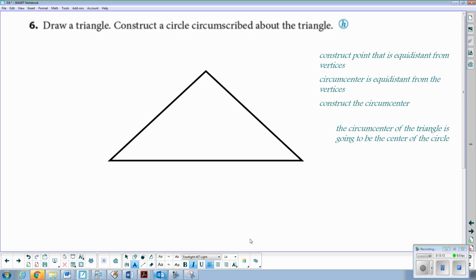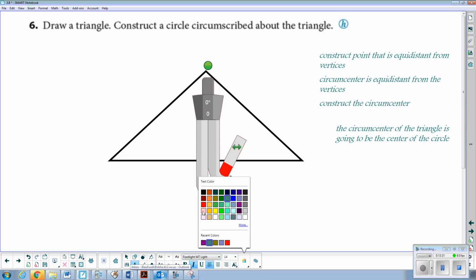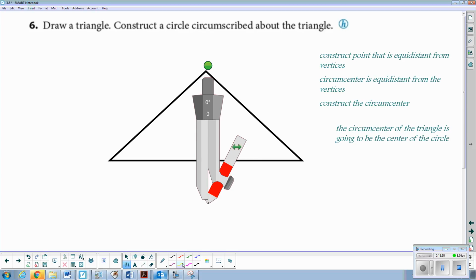So the circumcenter of the triangle, we're going to find that because it's the point of concurrency between all the perpendicular bisectors. So we need to construct our perpendicular bisectors. So get your compass, and we're going to construct 3 perpendicular bisectors.